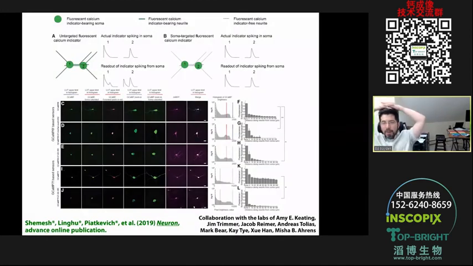So recently, just a few weeks ago, we published the result of asking the question of whether we could use this targeting strategy, which I've shown you works for optogenetic controllers and voltage indicators, and apply it also to other kinds of molecules. Of course, one of the most popular things to do in neuroscience in terms of neural activity imaging is calcium imaging, because calcium signals are very big, they're very robust in many cell types at least.